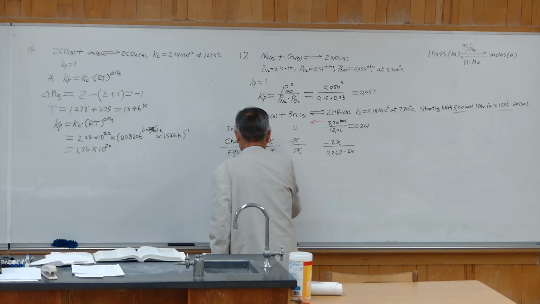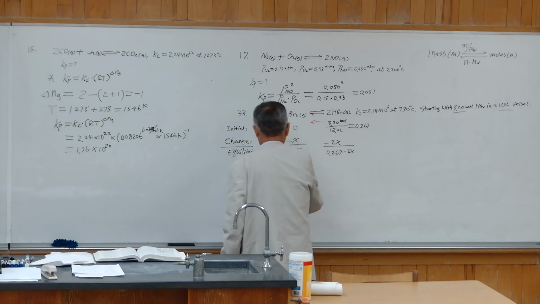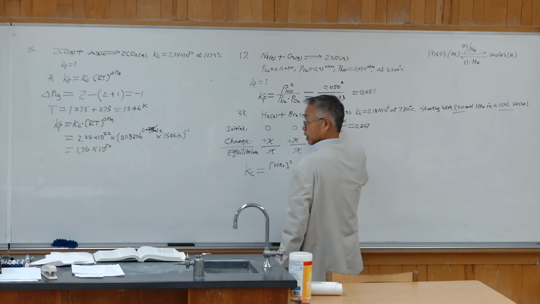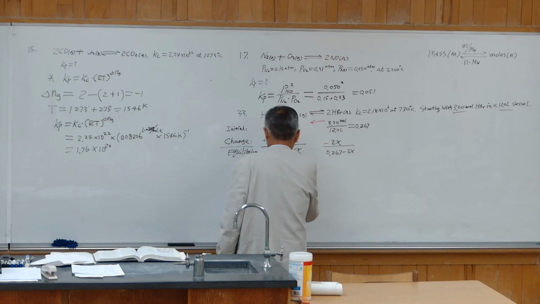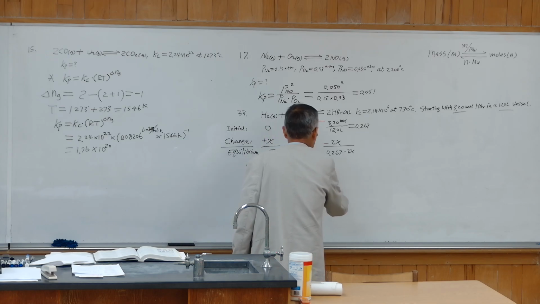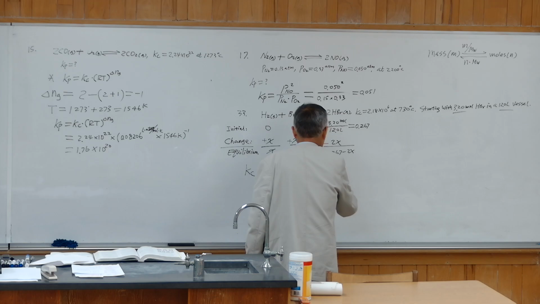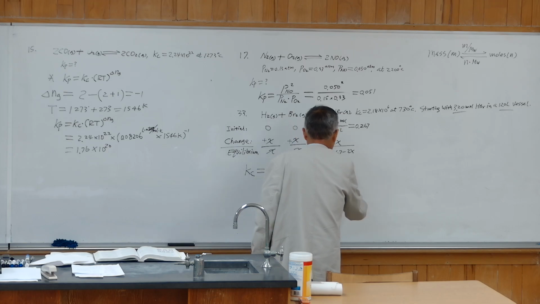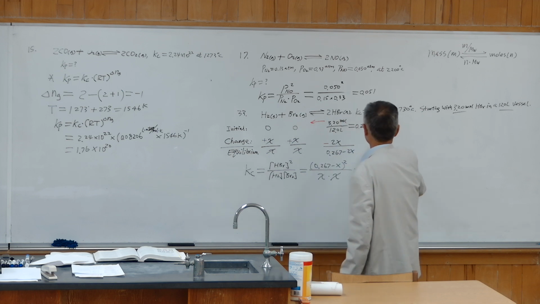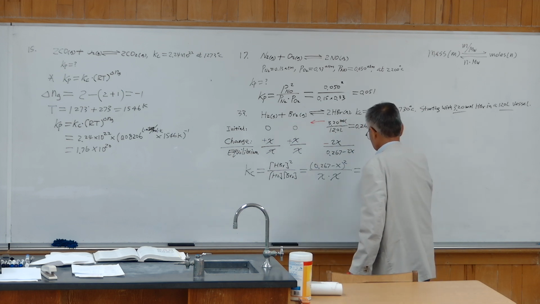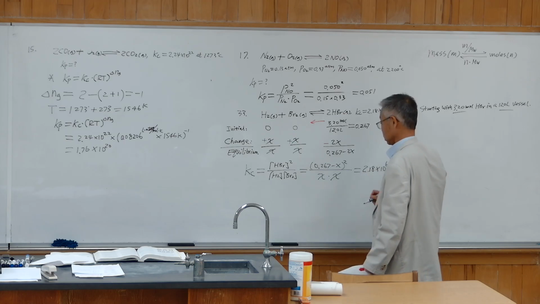So Kc will be HBr raised to the second power over H2 and Br2. Just plug in the numbers. Let this equal 2.18 times 10 to the 6th power.